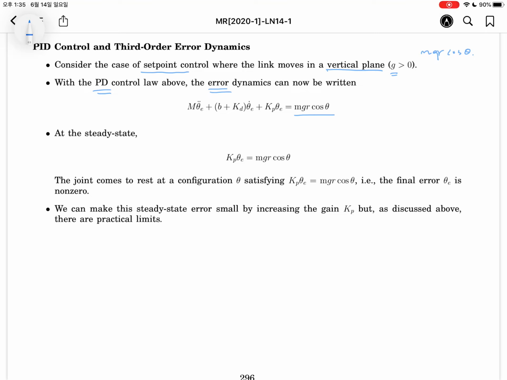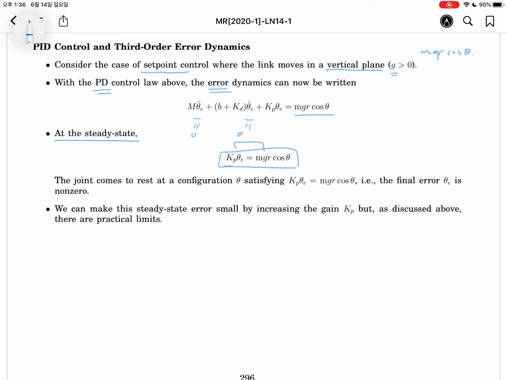Let's assume that it stays at the steady state. At that time, the derivative terms will be 0, and then the spring term Kp theta_e at the steady state, we have this equation. The joint comes to rest at the configuration satisfying this equation.